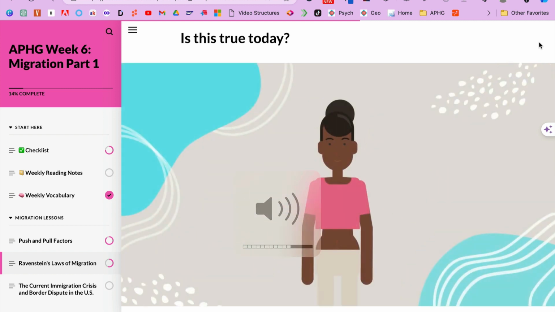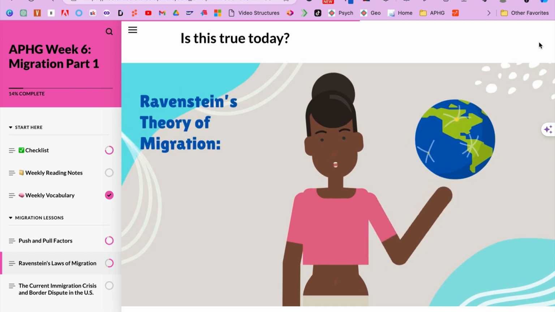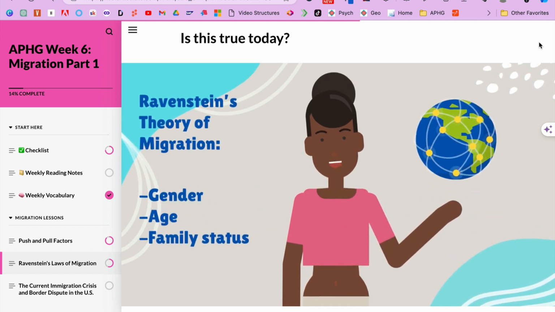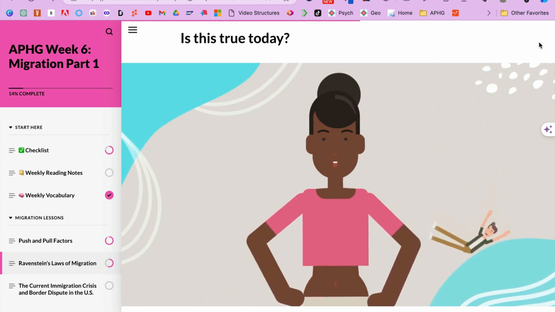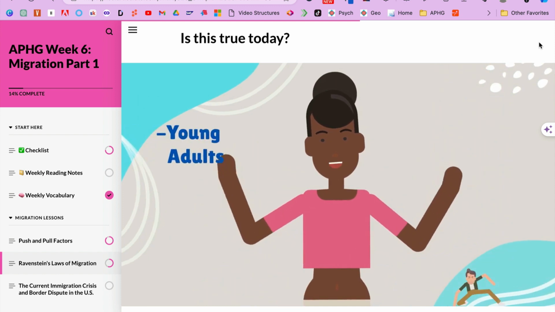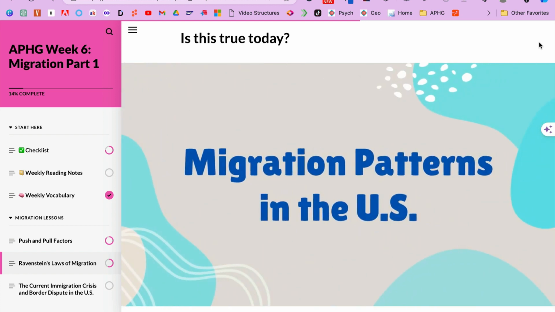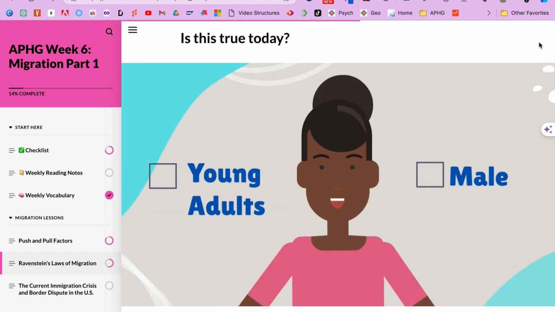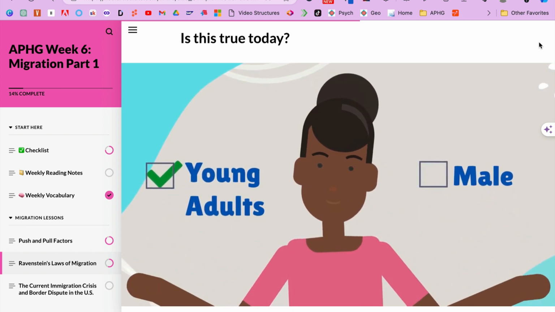Have you ever wondered about the characteristics of people who move to a new country? Let's explore Ravenstein's theory of migration and its relevance today. Ravenstein theorized that most long-distance migrants were single male young adults seeking work. Recent migration patterns in the US match this theory in some respects, but not in others.